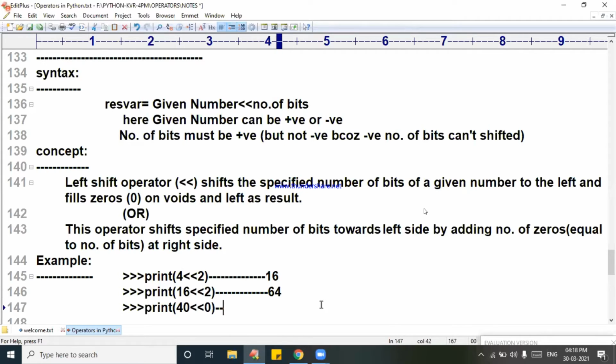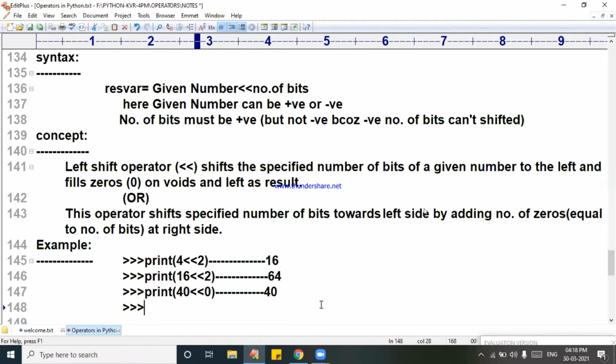What is the answer? 40 into 2 to the power of 0. Next I am asking, be careful. 20 double less than -4. Very good. Error.